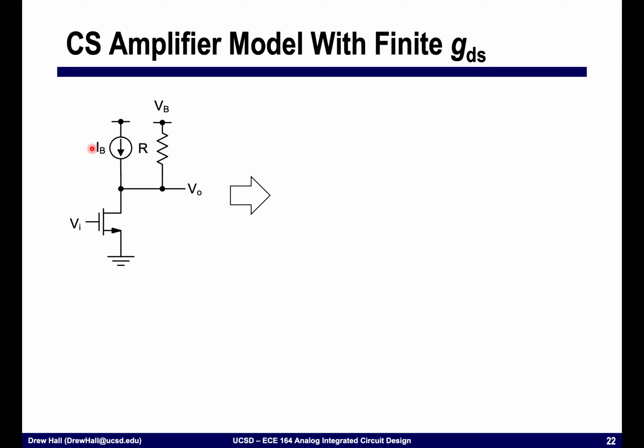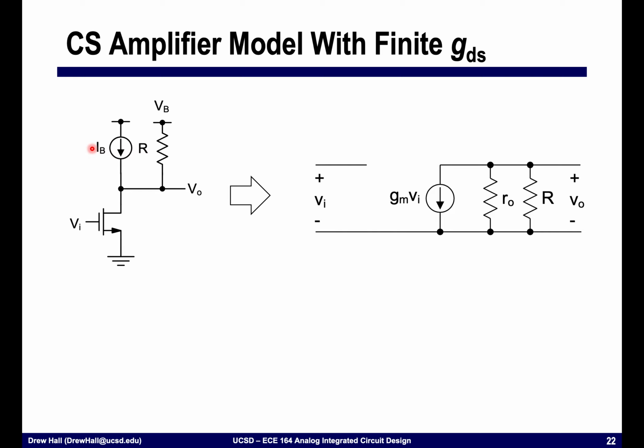And if I was to draw the small signal model of this, this transistor has a transconductance, GM times VI. It has an output impedance, R0. And then when I look up into this network from a small signal perspective, looking into this DC current source, I see an infinite impedance, so that's an open circuit. And looking into this resistance, I see R, and VB is an AC short, so this is ground.